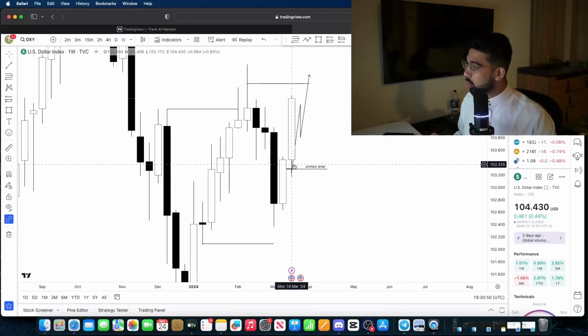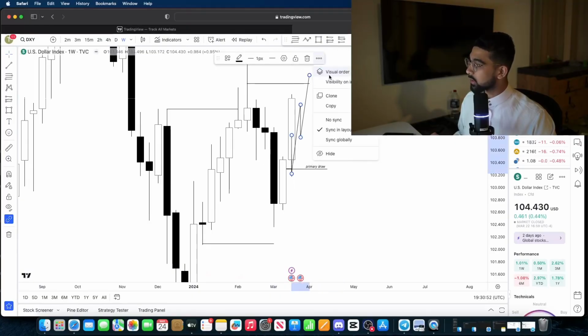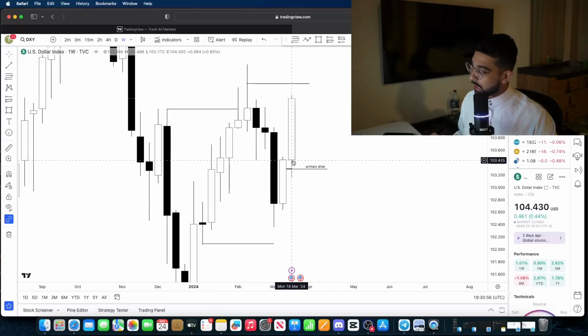This whole wick, let me just get rid of this line, hide. This whole wick over here, right? The bottom wick is the primary draw. And what happened after that? The body was created. That is secondary draw.